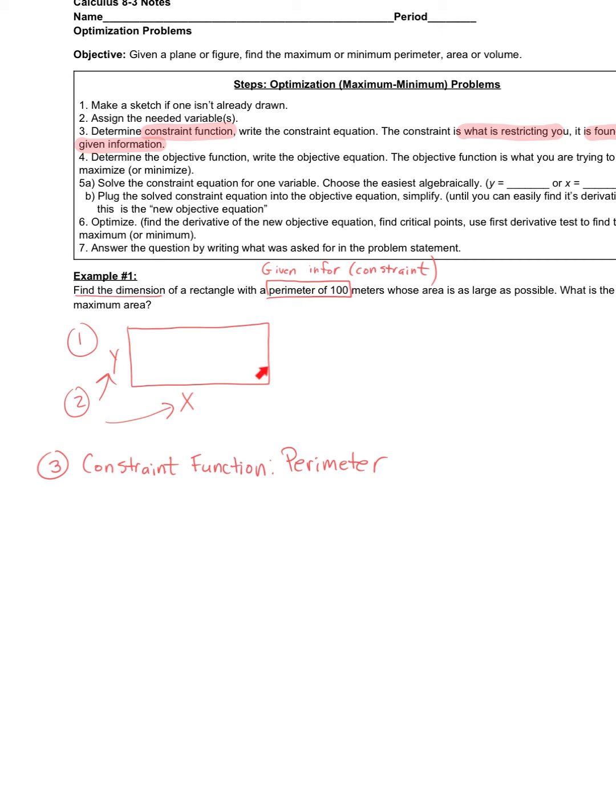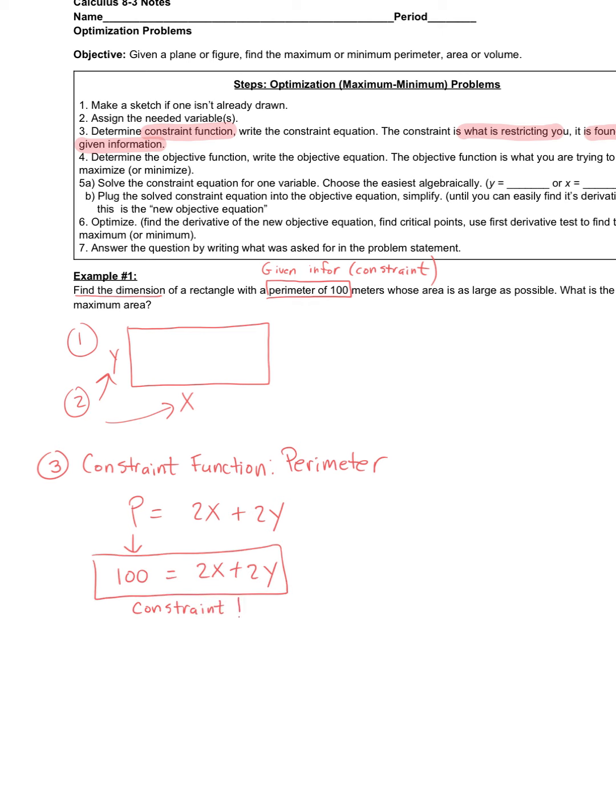Y plus X plus Y plus X. So our perimeter is equal to 2X plus 2Y. But now we know what the perimeter is. That's given to us right here. So we can plug that in right away. 100 is equal to 2X plus 2Y. So there is your constraint equation, and you are going to make sure that you label that. That is our constraint. Alrighty?